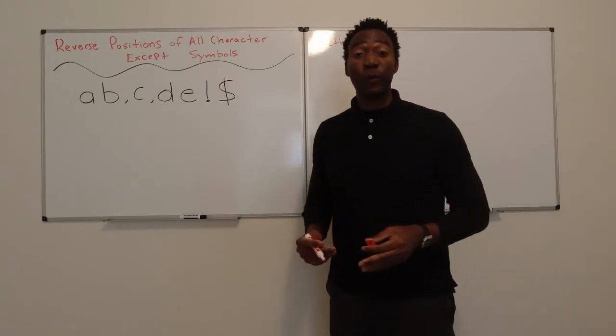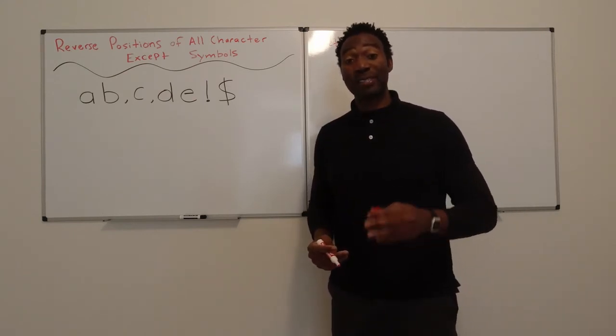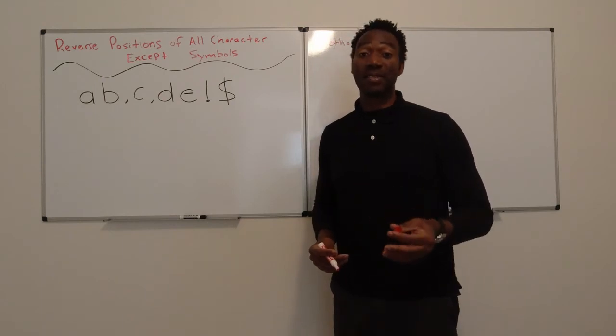In method 2, we have left and right iterators that will skip symbols and then return the indices of letters.